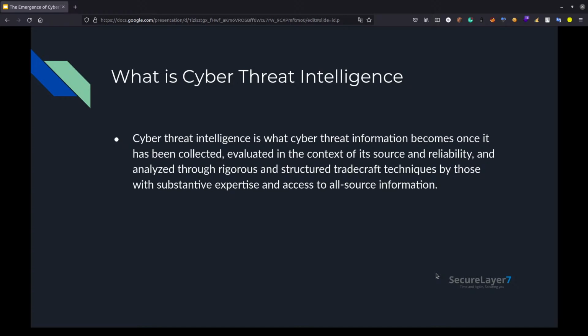Like all intelligence, cyber threat intelligence provides a value add to cyber threat information, which reduces uncertainty for the consumer while aiding the consumer in identifying threats and opportunities.